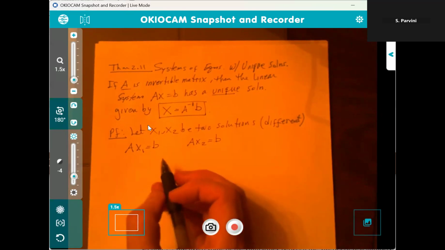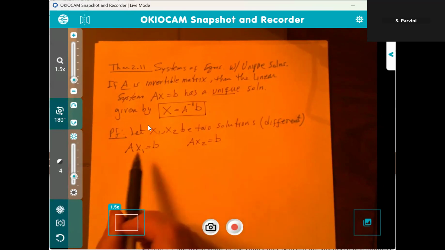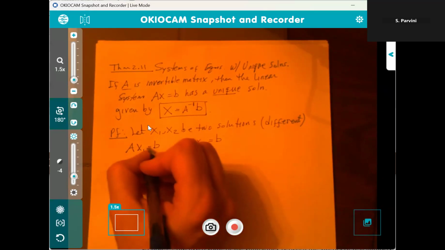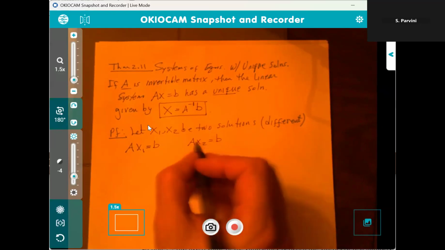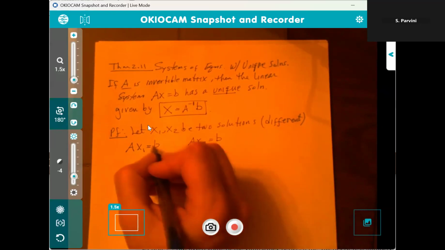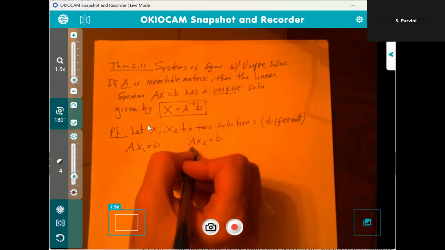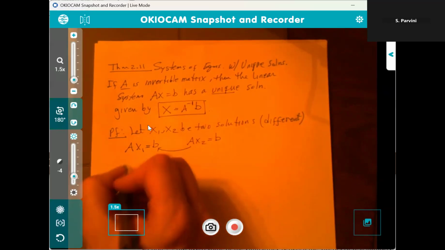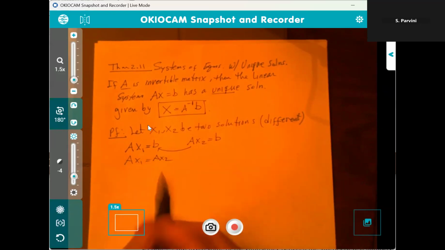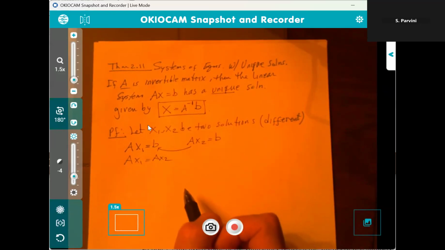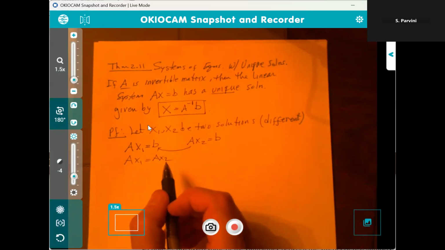Now, what do we get from this? Well, this B is the same B as here, so I can replace this B by Ax2. That means Ax1 should equal Ax2, because that's what B is. Now in here, what do we do?